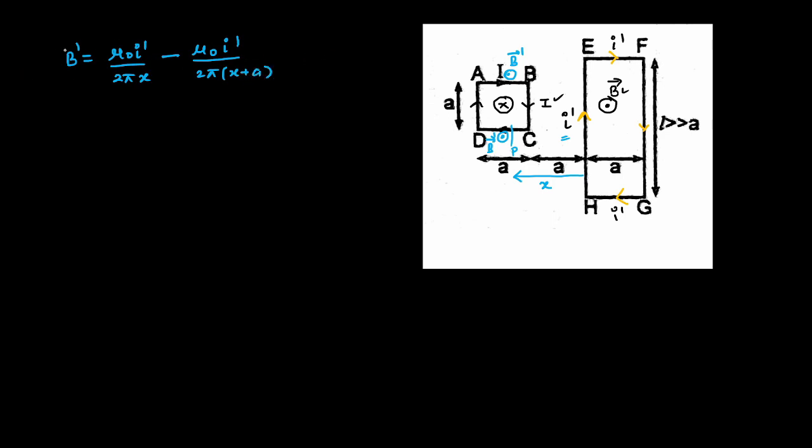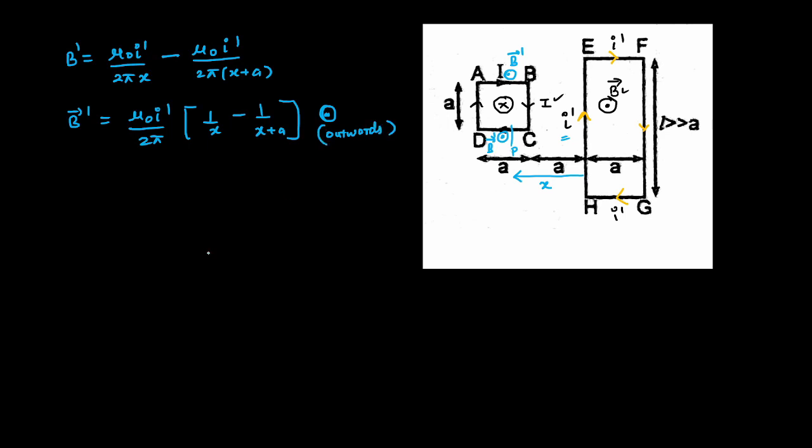So if we consider the magnitude, this is it. If you want to write in vector format, we'll be writing mu naught I dash divided by 2 pi times 1 by x minus 1 by x plus a. The direction is outwards. This is the magnitude and the direction is outwards. Okay. I'll be writing outwards just for our understanding.